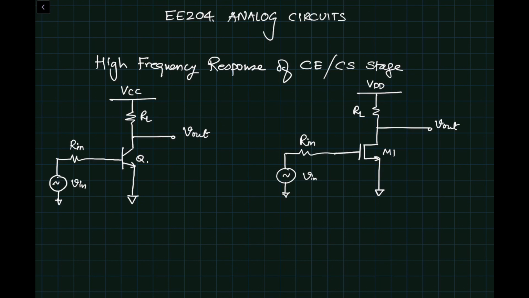For the BJT case, we have C mu, which goes from base to collector. We have C pi, which goes from base to emitter, and CCS from collector to the substrate. We are also going to show a load capacitance CL over here.